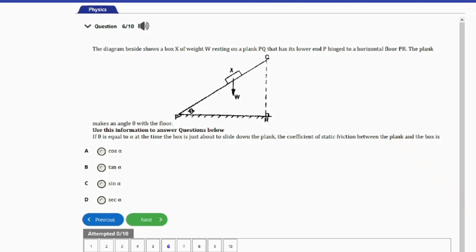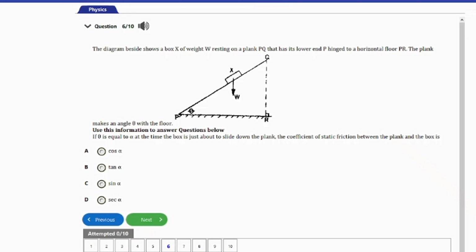If theta is equal to alpha at the time the box is just about to slide down the plank, the coefficient of static friction between the plank and the box is A, cos alpha; B, tan alpha; C, sin alpha; D, secant alpha. So the answer to this question is option B, and that's tan alpha. So that's it for this question.